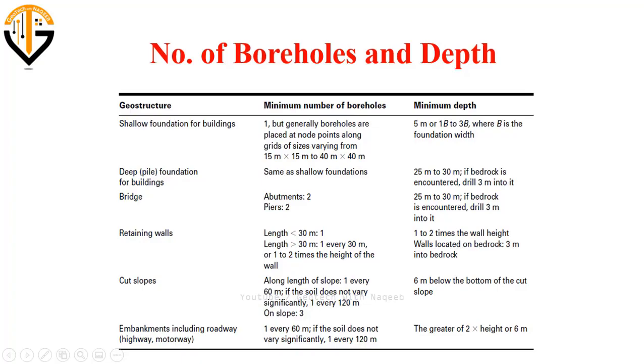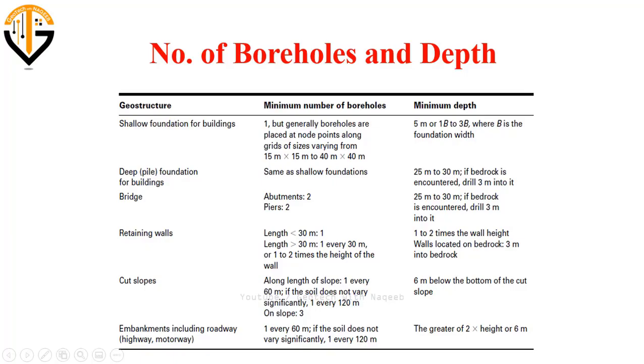If the length of the retaining wall is less than 30 meter, then the minimum number of boreholes should be 1, and if it is greater than 30 meter, then 1 borehole for every 30 meter length, or 1 to 2 times the height of the wall. Similarly, 1 to 2 times the wall height should be the minimum depth for the retaining wall. And same, if bedrock is encountered, then drilling should penetrate up to 3 meter.